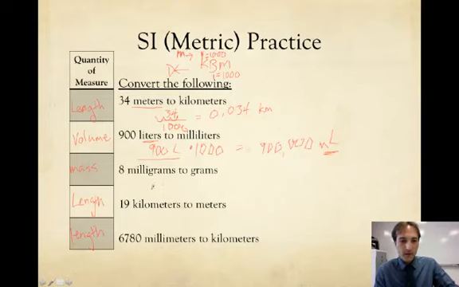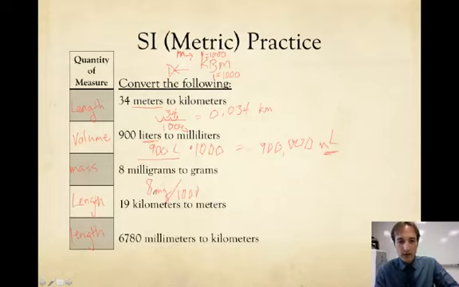All right, moving on. 8 milligrams. We're going to grams. Let's find our KBM here. Milligrams is right here. We're going to grams right here. Uh-oh, we're going to the left. That means divide. If you're going to the left in KBM, you divide. It's 1,000 milligrams to 1 base unit. So I take my 8 and divide it by 1,000.